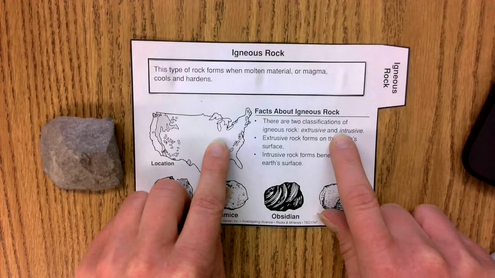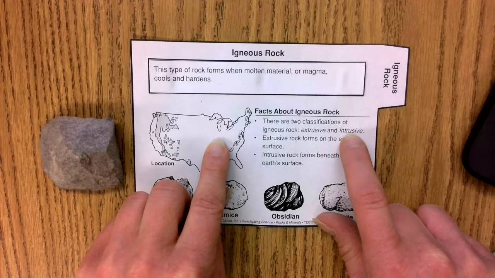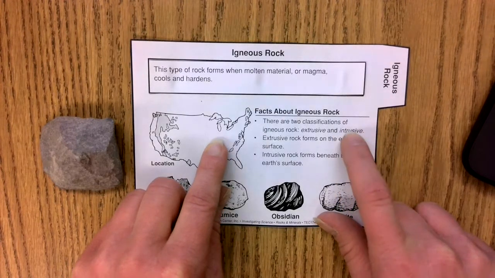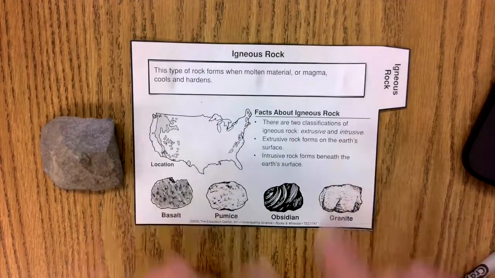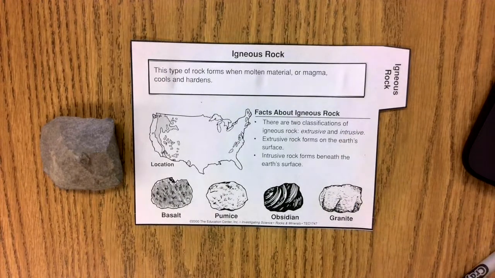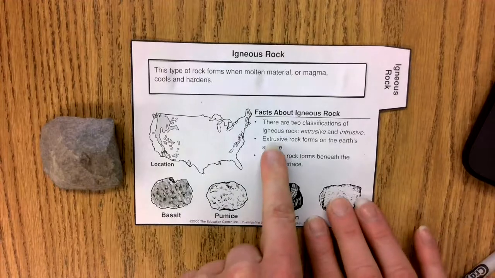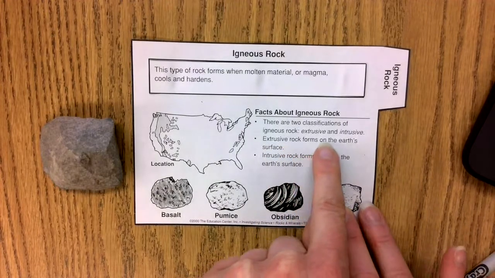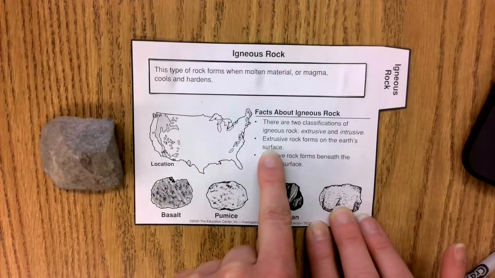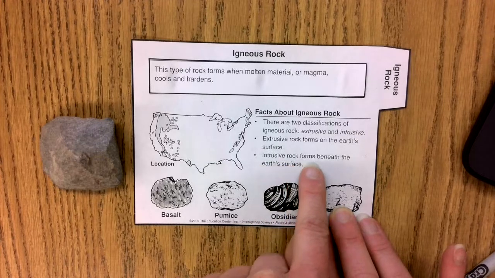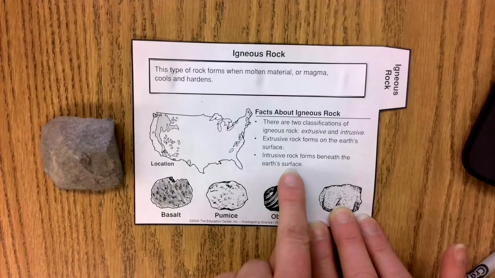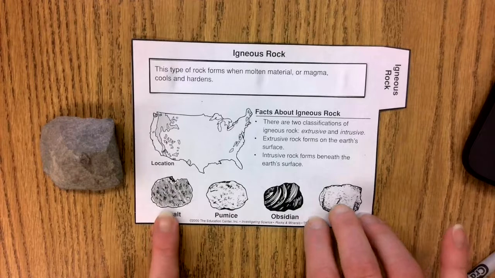Intrusive, and this is an easy one because it starts with in, intrusive forms inside the earth, inside the earth's surface, right? So it says here, extrusive rock forms on the earth's surface. Intrusive rock forms beneath the earth's surface, so inside.